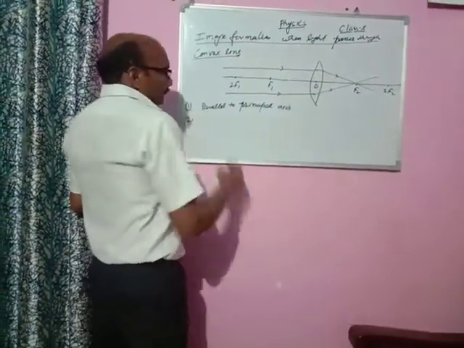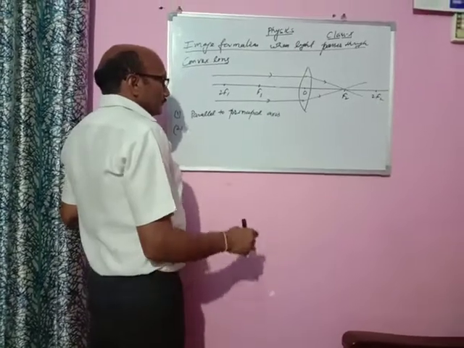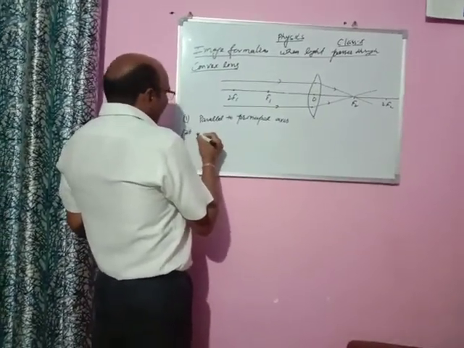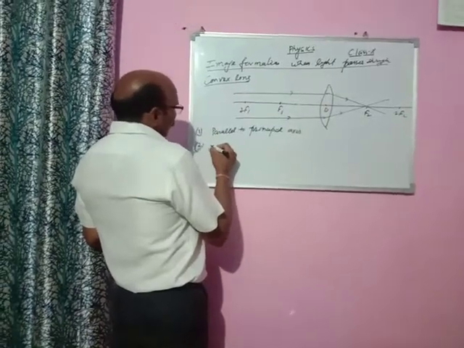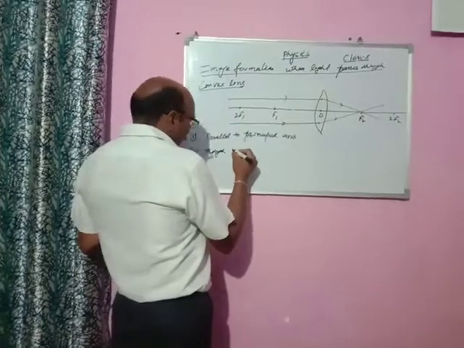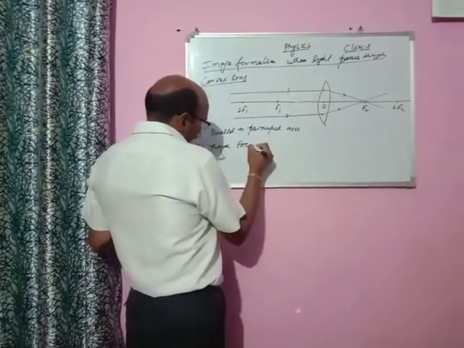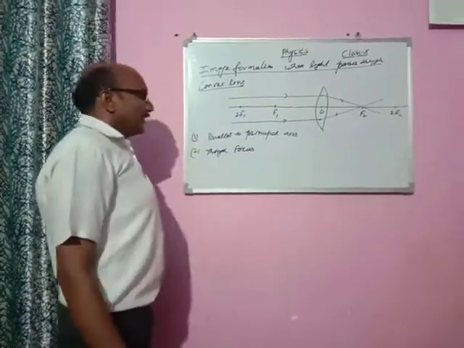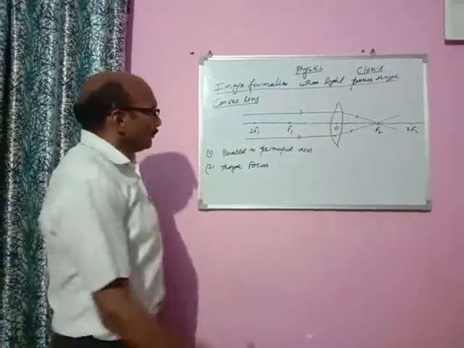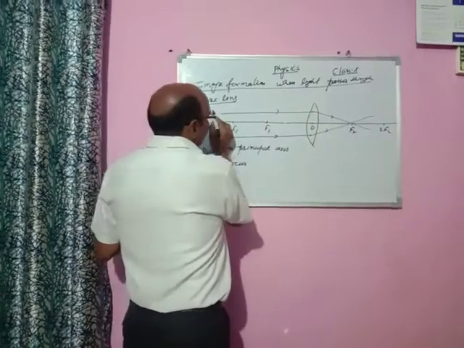Number 2. Let one light ray be coming through the focus. The light ray which is coming through the focus always goes parallel to the principal axis.